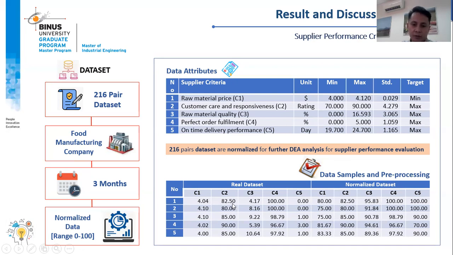And then criteria number 2, the real data value is 82.50. After normalization, we get 82.50. And then criteria number 3 is 4.17, and then normalized to 95.83, and so on.